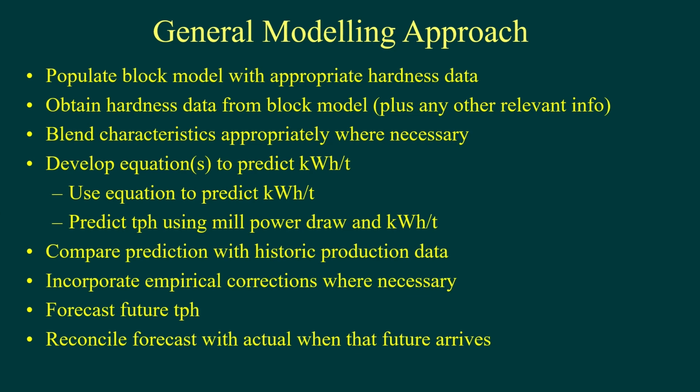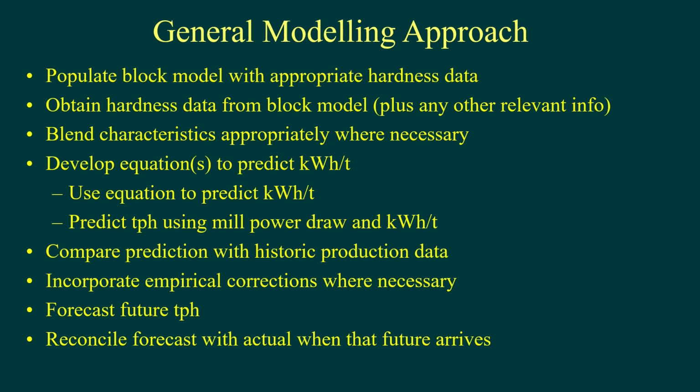I'll be very surprised if from first principles you can come up with an equation that predicts kilowatt hours per tonne of your circuit without any fitting to historic data. So you've now reached the point where you've got an equation, you've incorporated some historical empirical corrections, you now let your equation loose and you forecast the future throughput.